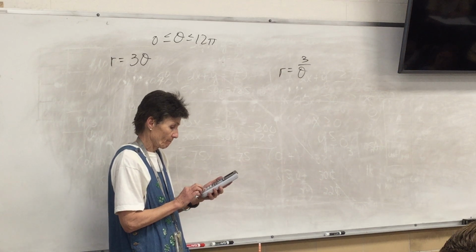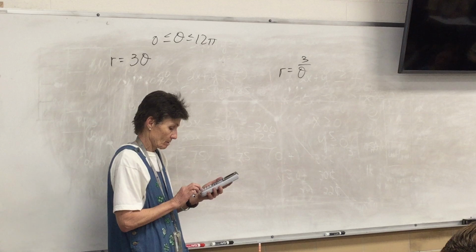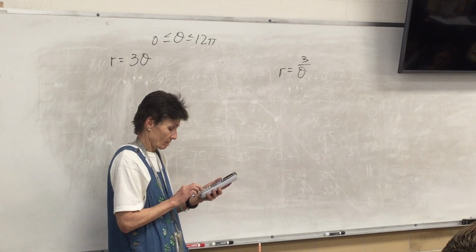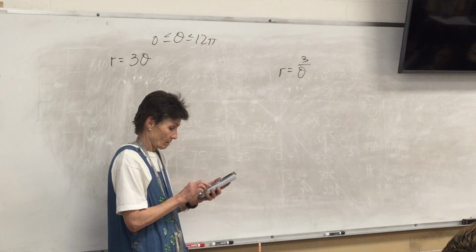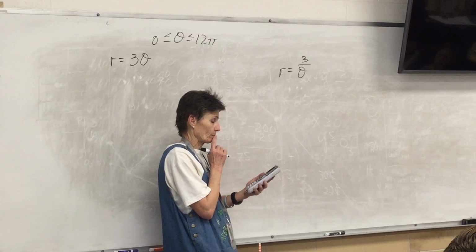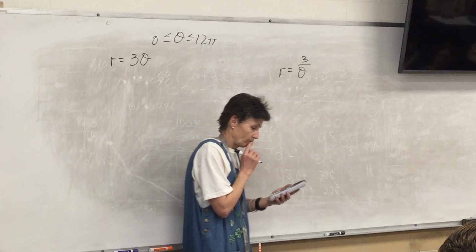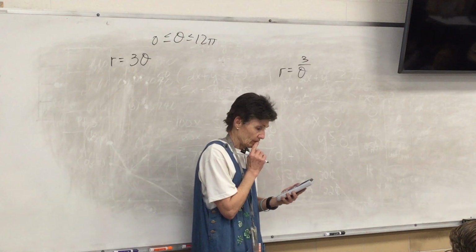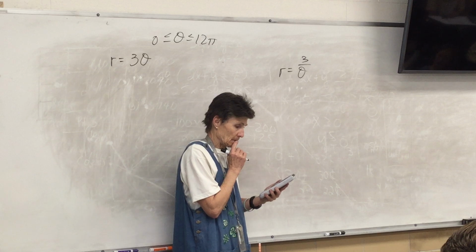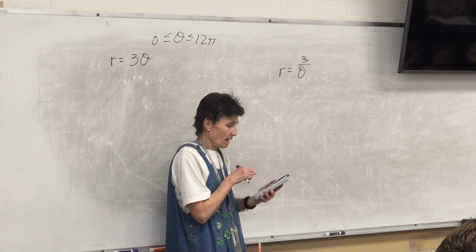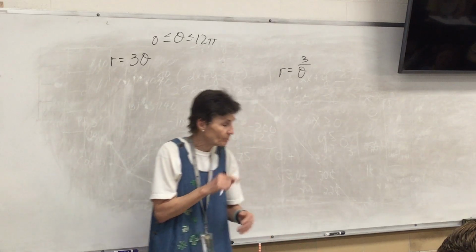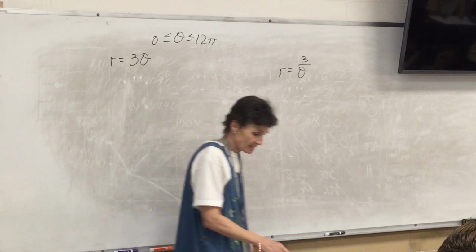What do you think? I use for my x-min and max, I use negative 0.2 and positive 0.2, and that gives me a decent picture.